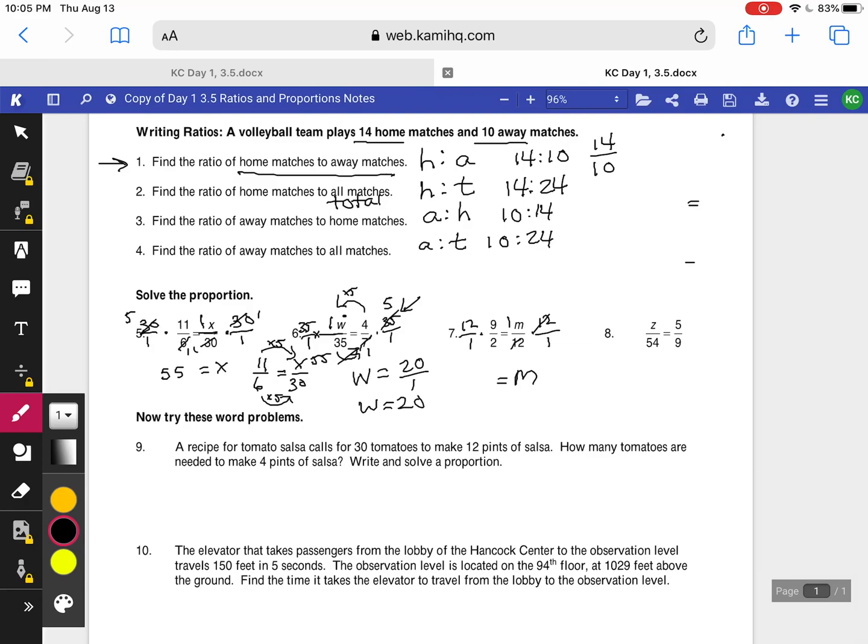Now as I look on this side, again, I can simplify multiplying fractions, and I can factor out my 2s, and I end up with 54 equals M. Now, of course, I'm going to want to check this. So here we had 9 halves is equal to 54 over 12. Does that make sense to you? Well, sure. 2 times 6 is 12. 9 times 6 is 54.